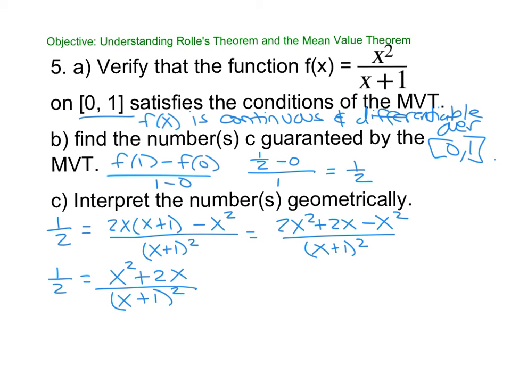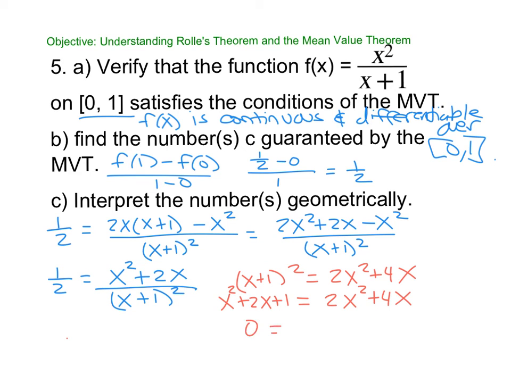What I usually do is I cross multiply. So I get x plus 1 squared equals 2x squared plus 4x. FOIL. Get 0 on one side.